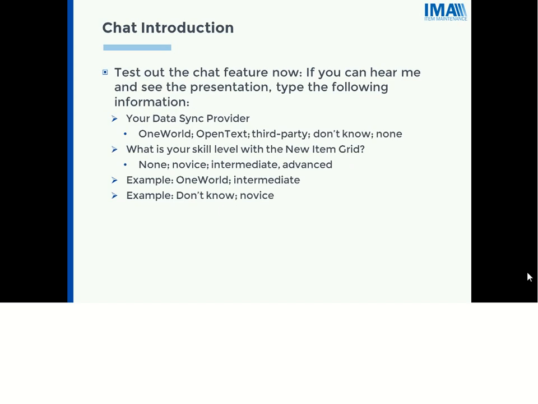All right, so let's go ahead and test out the chat feature for the day. If you can hear me and you can see the presentation, let me know the following information. Your data sync provider, it might be OneWorld or OpenText. Those are the two most common ones. It could be another third party, or maybe you don't know or you don't have one.